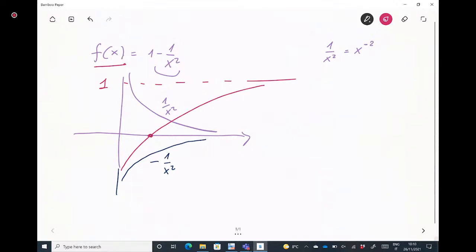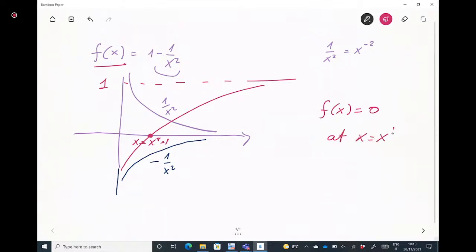But function equal to 0 is satisfied for x star, which is 1, the steady state, okay? So the point of intersection with the horizontal axis of our f of x is by definition the steady state, because it satisfies f of x equal to 0.